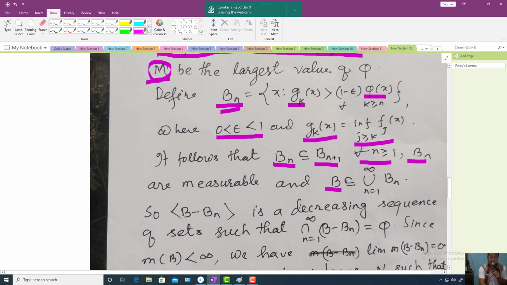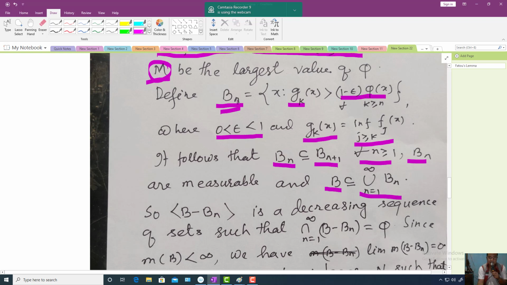And B is going to be a subset of this union, because when phi x is non-zero and epsilon is a very small number less than 1, this is non-zero.